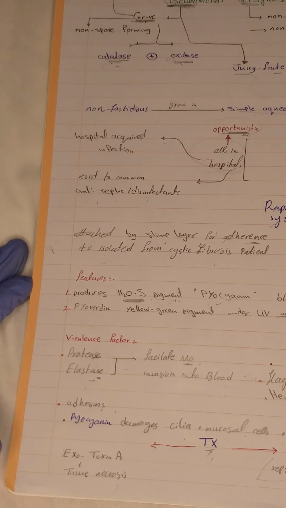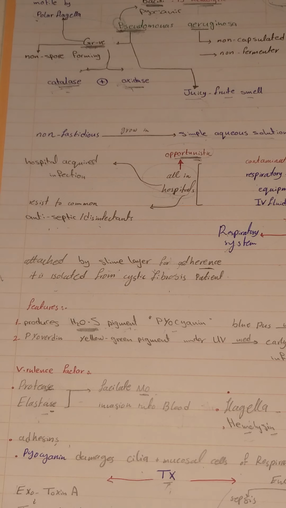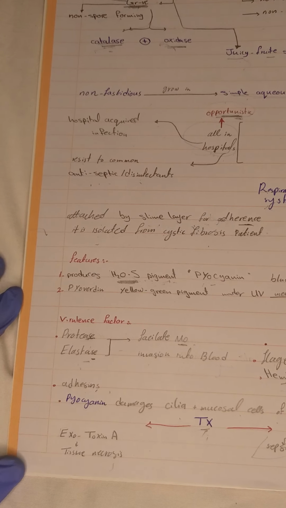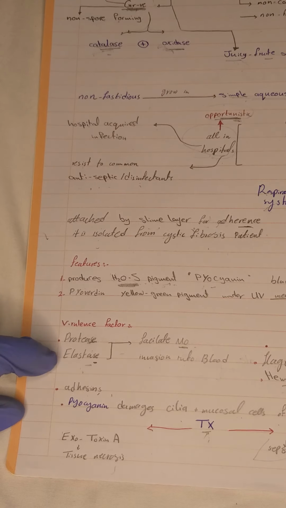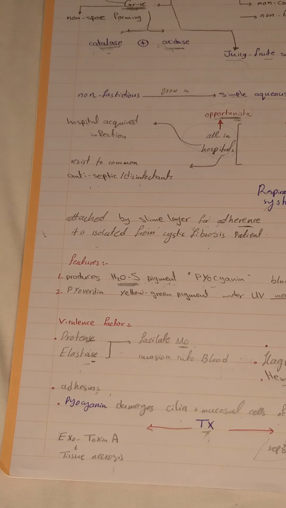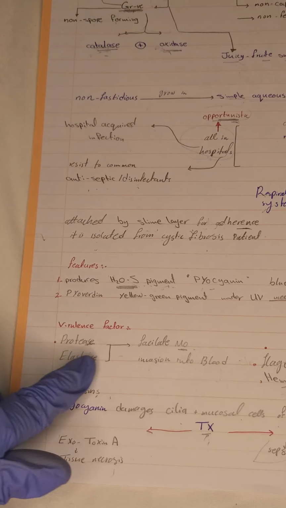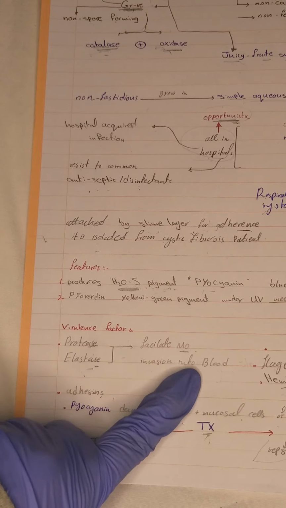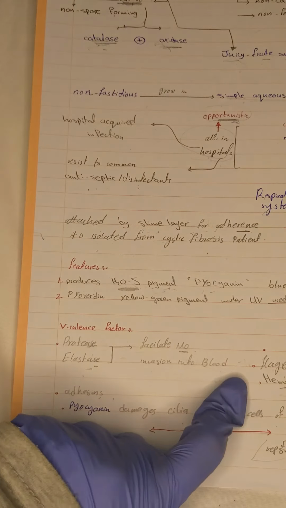Virulence factors. Actually, I tried to imagine a certain scenario. I tried to track the virulence factors to make a story. I came up with a story out of my mind just to make it easier. Now let's see how. Here we have the protease and elastase that destroy the tissue. Why would it destroy the tissue? To facilitate microorganism invasion into the blood, okay?